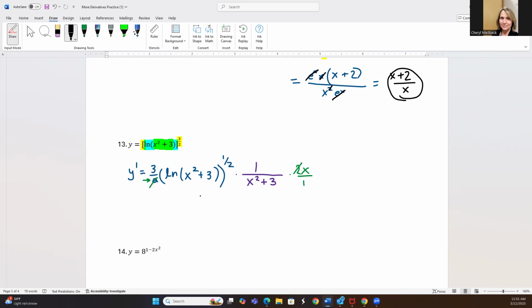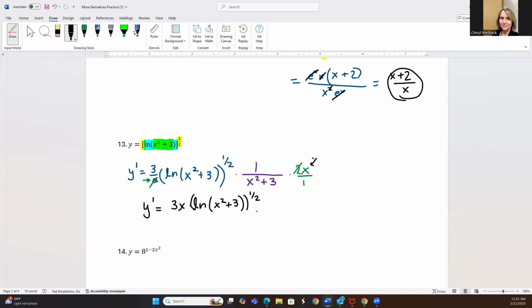And let's see if we can write our final product here. We'd have 3 and an x, because there's an x here too. So 3x times the natural log of x squared plus 3, and this whole thing is to the 1/2 power, so square rooted.